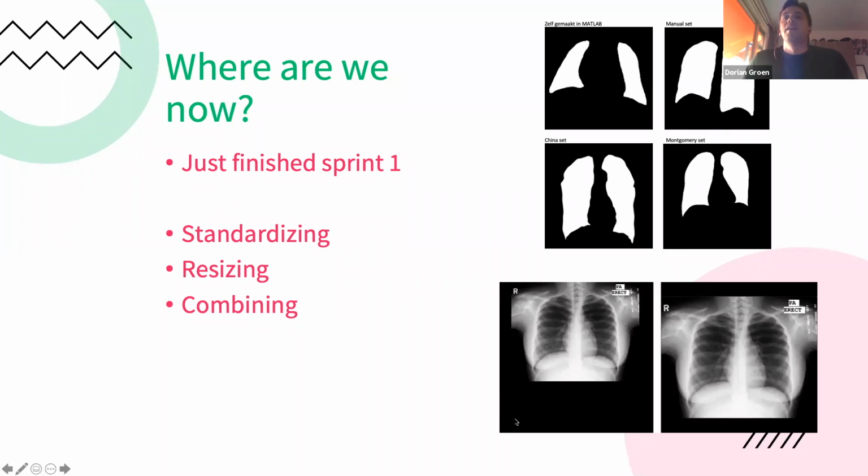We also did a lot of pre-processing, like standardizing and resizing images, so our model will be good to go. Our total data set now consists of four open source data sets with a total of 992 images, so close to 1,000.